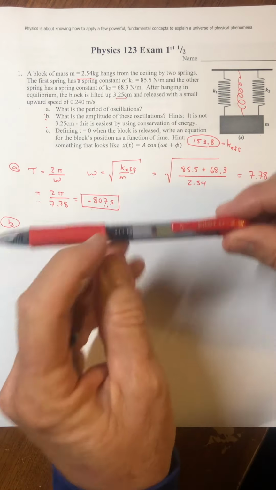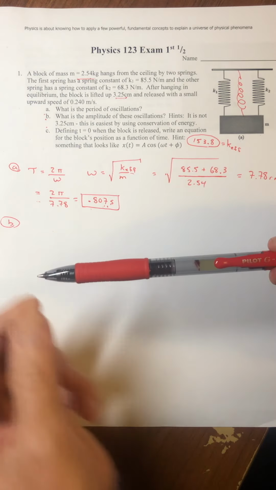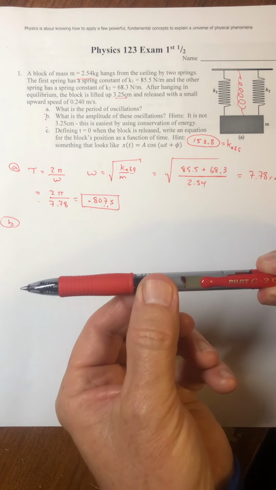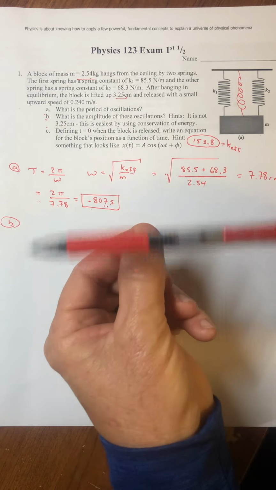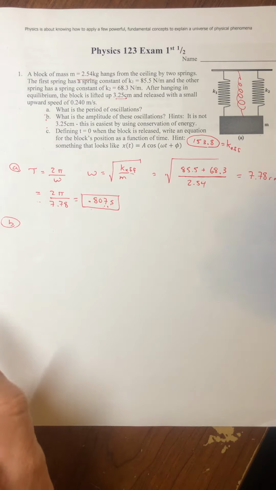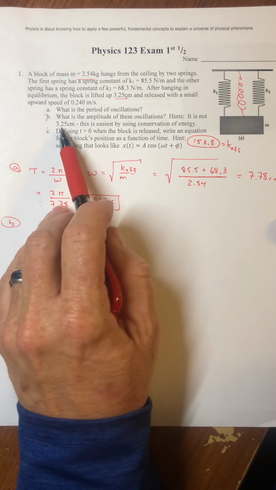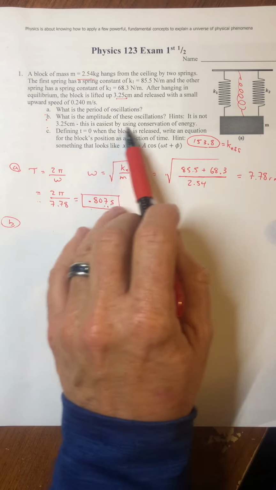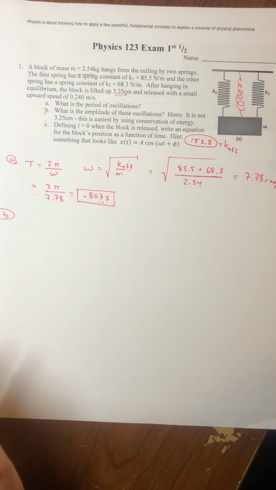Now B says what is the amplitude. Again, if this is put on the ceiling and comes down to equilibrium right here, you grab it and lift it up and then give it a nudge so it does this. The amplitude is going to be greater than, and that's the hint here, it is not 3.25, and it is best done by conservation of energy.